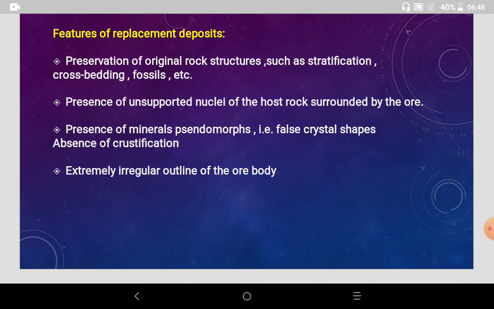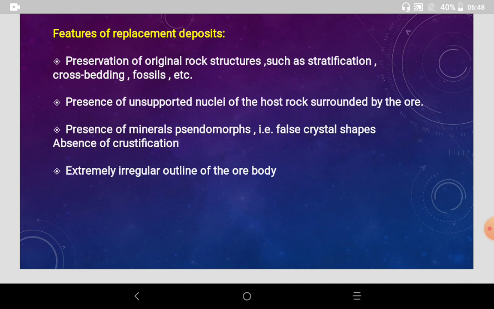Another criterion for replacement deposits is preservation of rock structures. The structure of the replaced body is sometimes faithfully retained in the ore. This constitutes conclusive evidence of replacement.